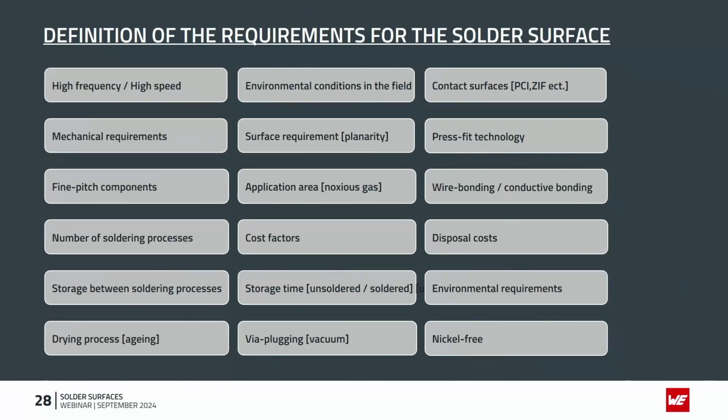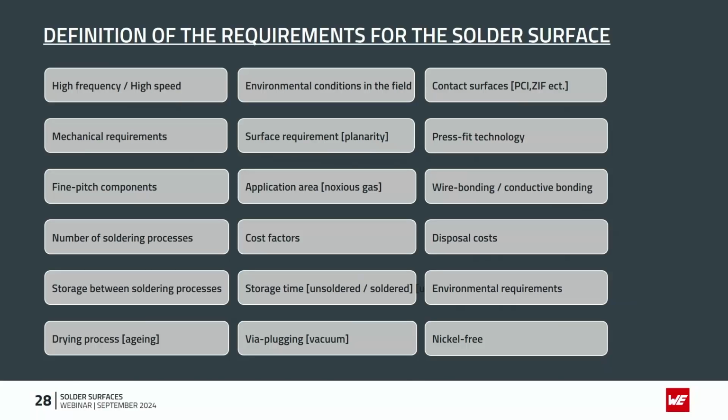And here are the requirements for the solder surface in a different way. So maybe you need high frequency, or you have mechanical requirements. Of course, costs are always important. Disposal costs, on the other hand, have to be regarded. Maybe it has to be nickel-free, or you have to perform a drying process, as already mentioned.